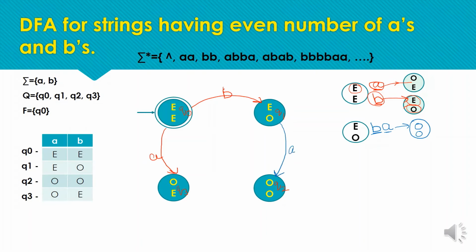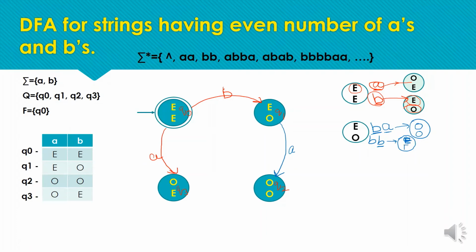Same way, at the same state, next we have to define the transition for input symbol B. On getting the next B, the number of A's has not changed, meaning the number of A's is still even, but now the number of B's has changed from odd to even.